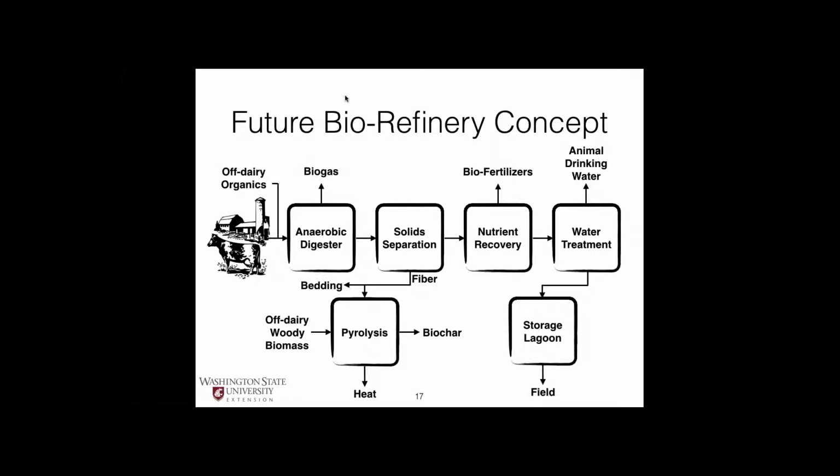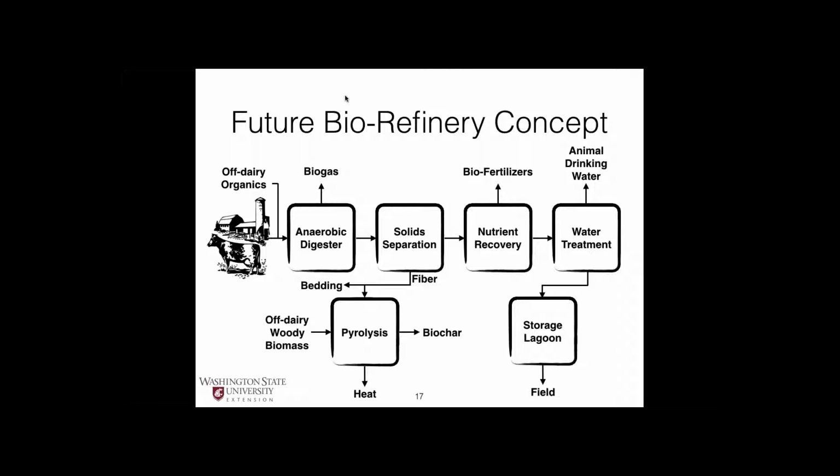Okay, so again, this kind of connects back to what Chad was showing at the beginning, that we have the future biorefinery concept, in that we can look at lots of different units to plug in here. So start with the off-dairy organics, mix it into the co-digestion of anaerobic digester, get our biogas, look at upgrading that, look at utilizing it for other feedstocks, and then we go into solid separation, nutrient recovery.